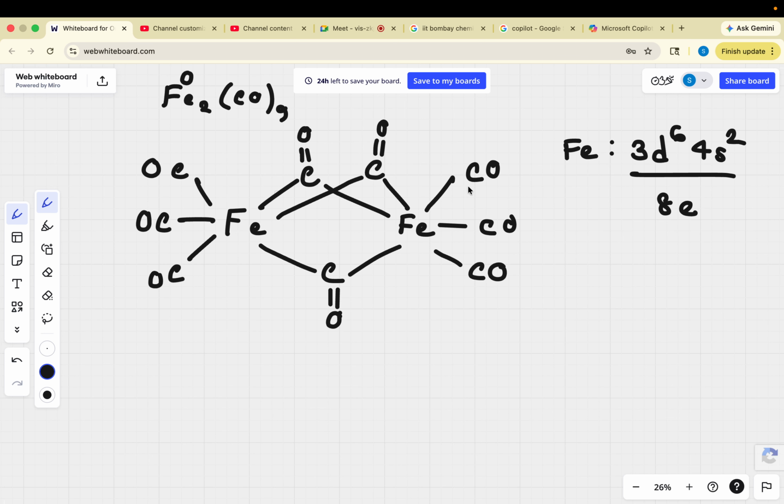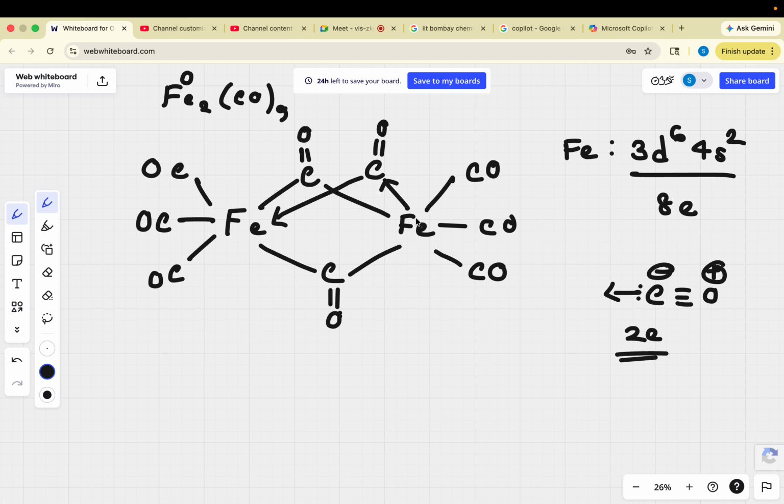So when you know already that the CO ligand is like that, it can donate only 2 electrons. The CO ligand is responsible for 2 electron donation, so it is donating 2 electrons to here, here, here. But when it comes to a bridging ligand, suppose this carbonyl CO is donating 2 electrons to this iron center, at that time iron is actually donating 2 electrons to this carbonyl also, to form this bond.